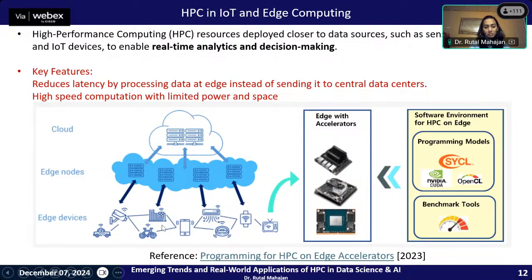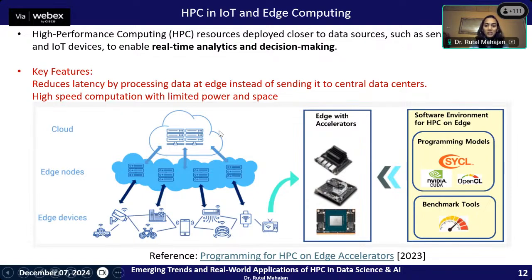So we need to assure high speed computation with limited power and space. We need a powerful computation, which also ensures speedy computation at the edge devices, which handles this tremendous amount of data collected by the sensors every second, every minute.